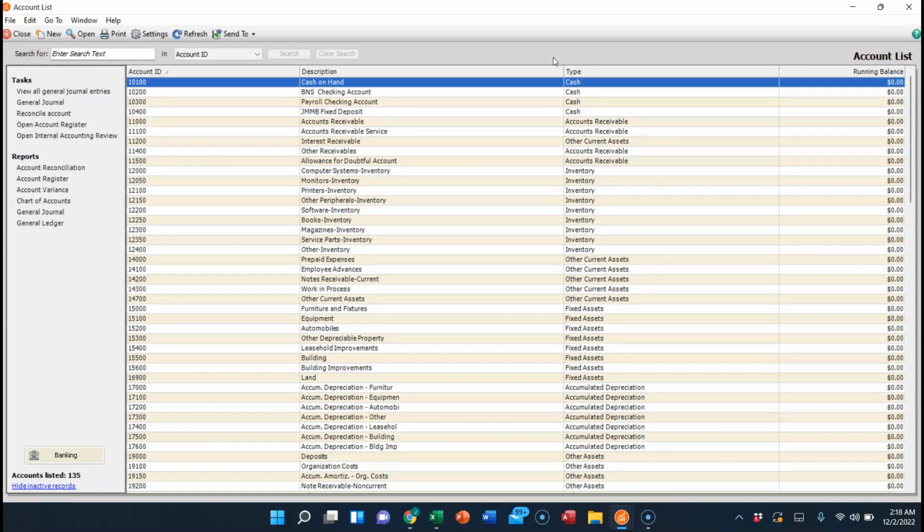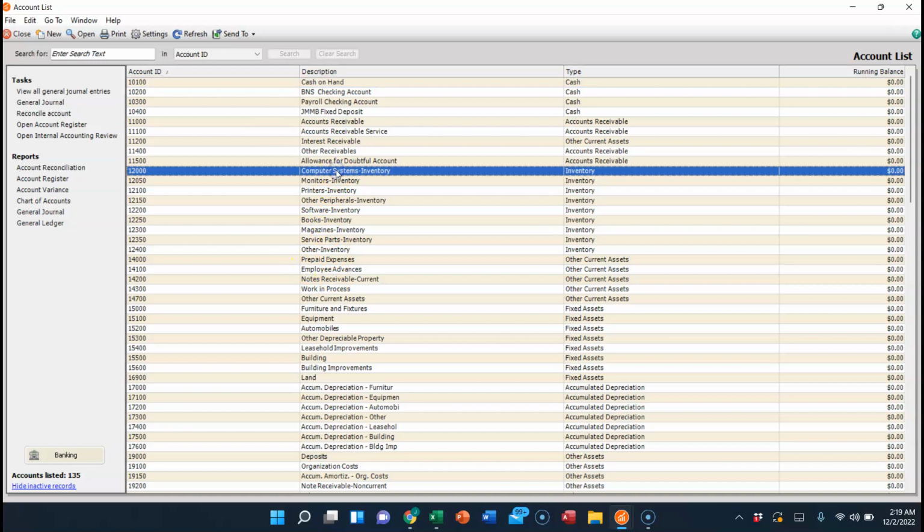Here's the reason why. If you look at the groupings for inventory, we have computer systems inventory, monitors, printers, other peripherals, etc. Now, this particular general ledger account, if you try to delete it, Sage will not allow you to, because it's a necessary account to have if you're in the business of buying and selling computer parts.